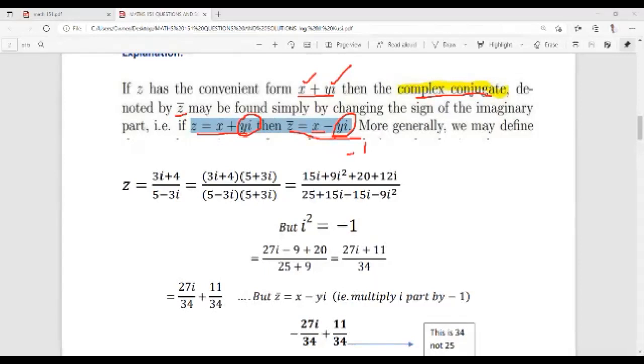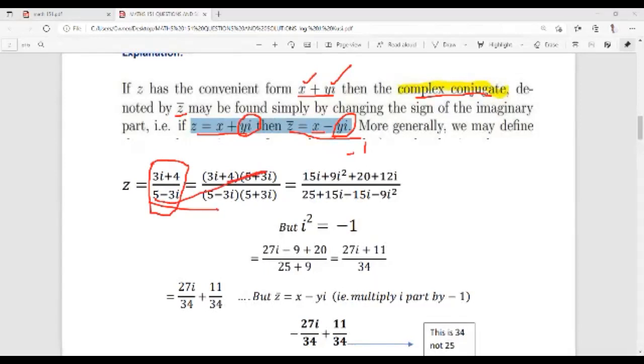But I'm saying that before we do that, you must first rationalize this, because in terms of complex numbers it is not acceptable to have a complex number as a denominator. So how do you rationalize it?